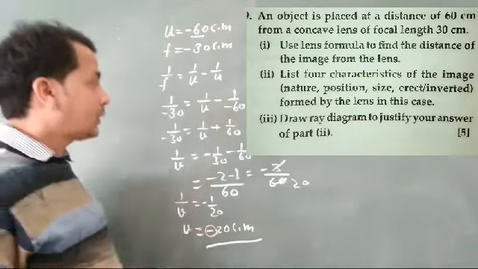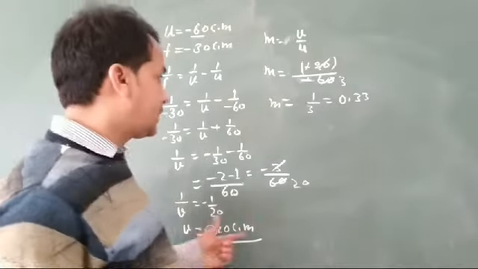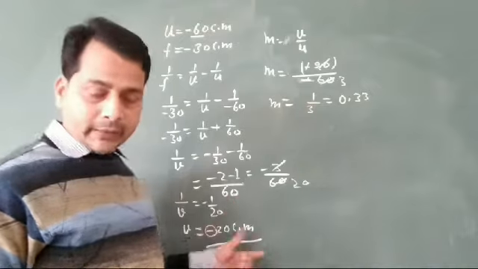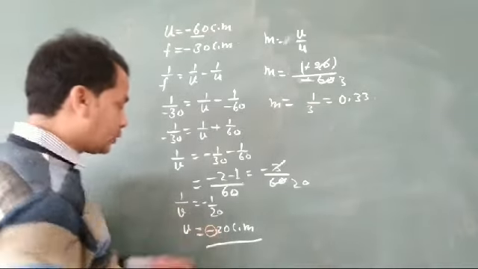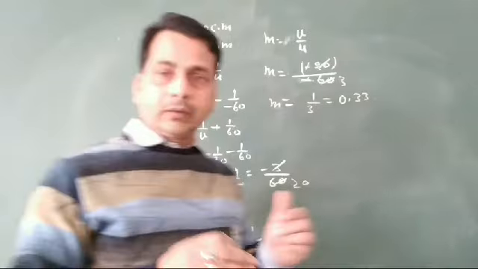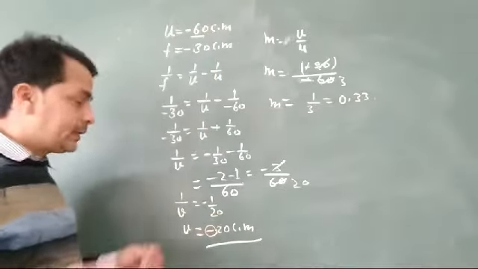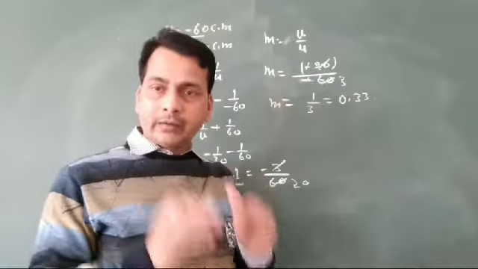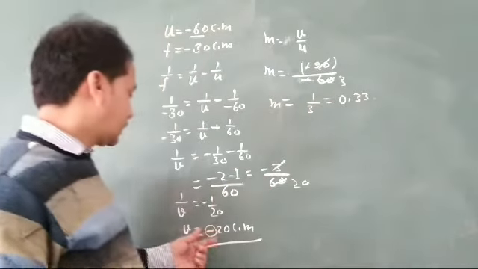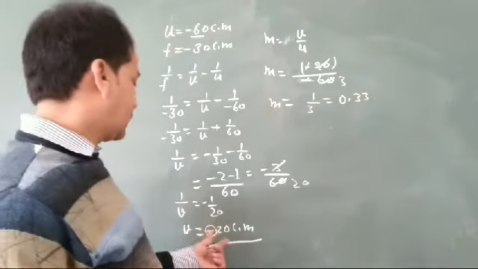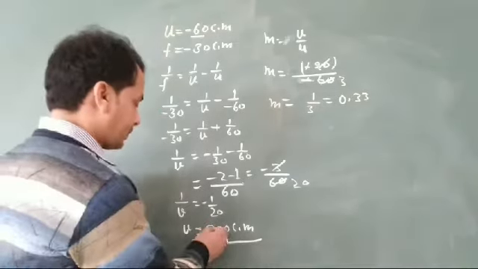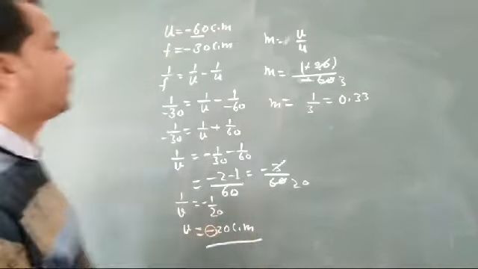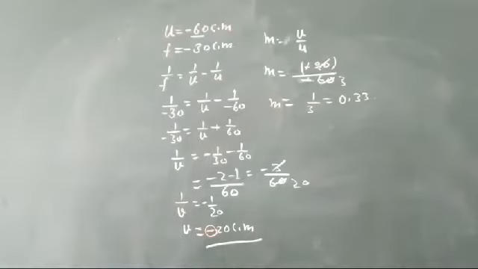According to the question, what is the nature, position and size of the image formed by the lens in this case? The negative sign indicates the position of the image is on the same side as the object. So the nature of this image is virtual, and the magnification is 0.33.